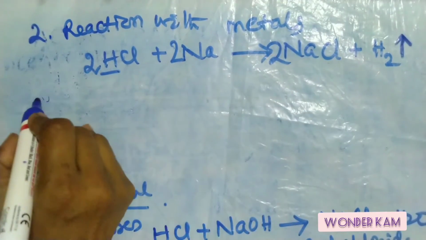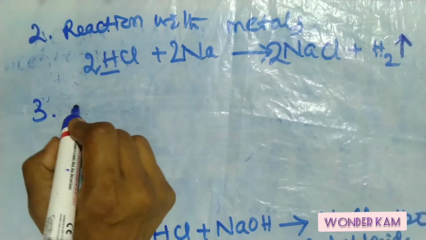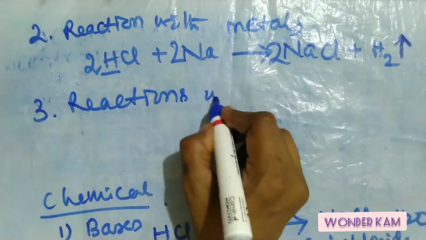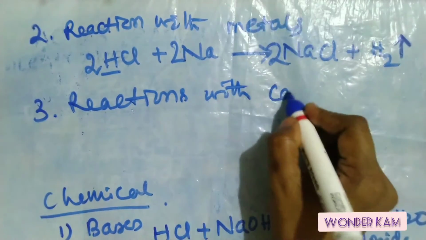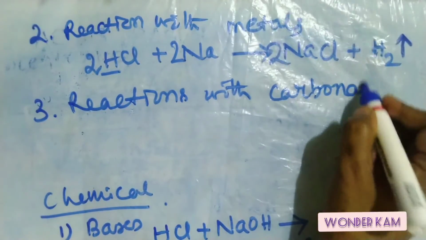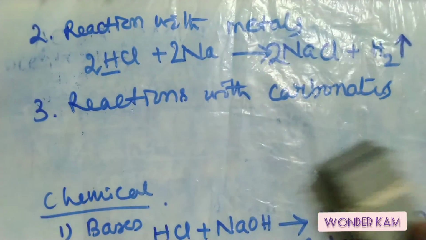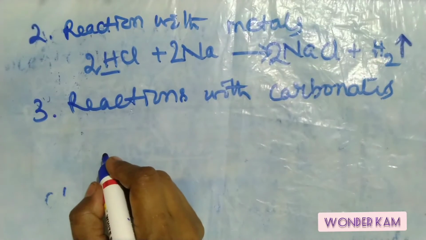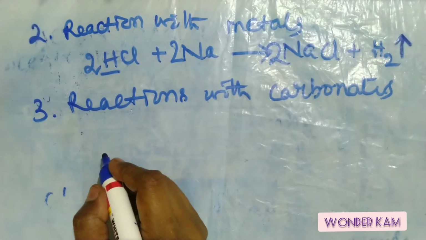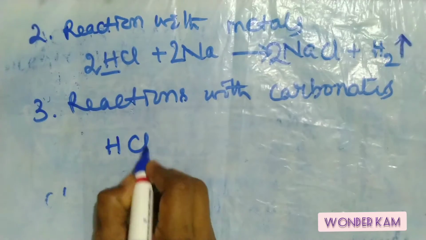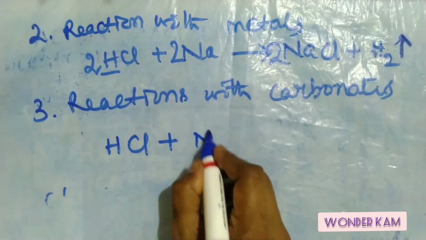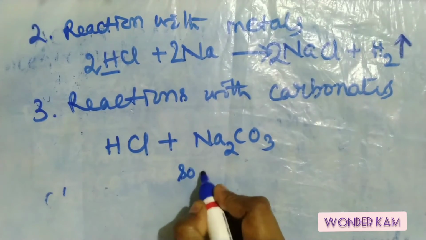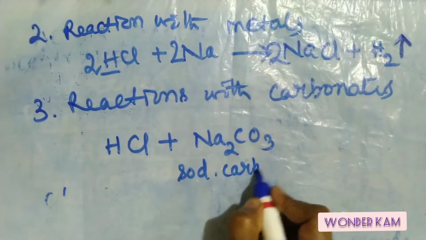So that is reaction with metals. Another is reaction with carbonates. When acids react with carbonates, it forms carbon dioxide. Again we will take an acid with sodium carbonate. This is the formula for sodium carbonate.